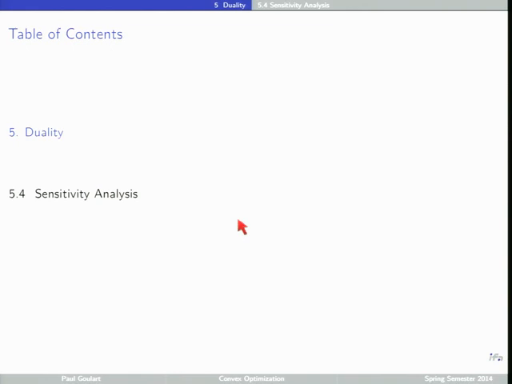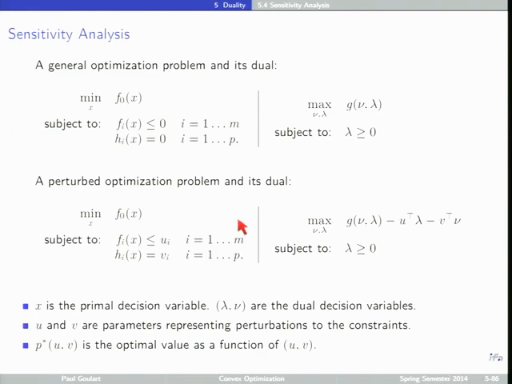Okay, so we can make some statement about that. So we can say, first of all, let's write down the primal problem. Here it is. I assume that it's convex, and assume even that it has strong duality. So it has some objective function. It has some inequalities and some equality constraints.